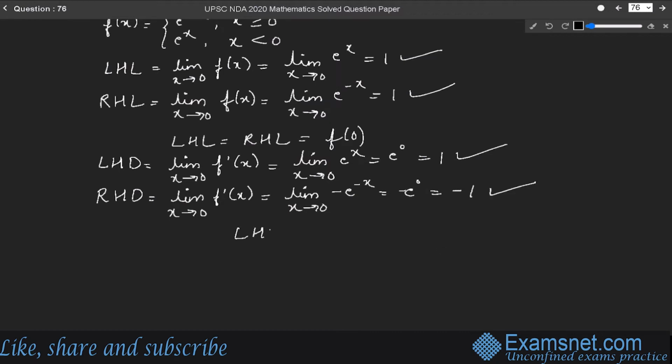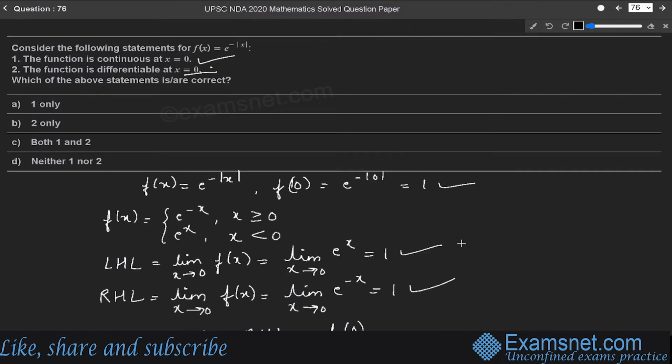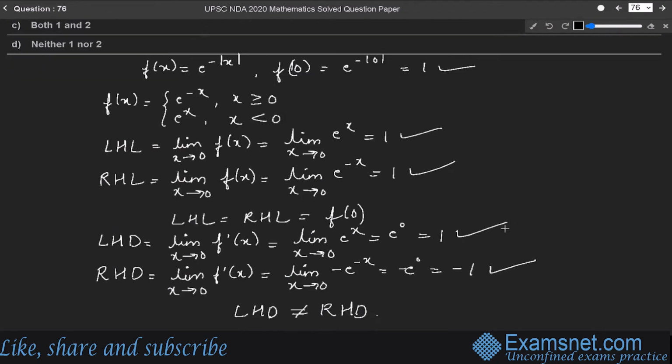So here LHD is not equal to RHD. So we can say that the given function f of x is not differentiable at x is equals to 0. Means the second statement is wrong. So the correct answer for this question is option A, which is 1 only. Means only first statement is correct for this question. I hope this question is clear to you.